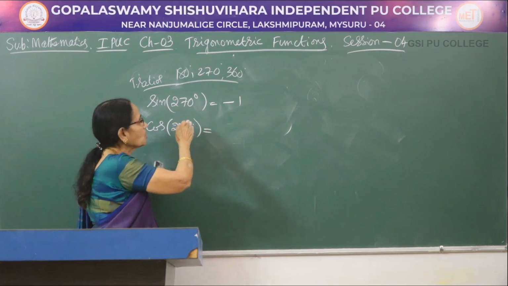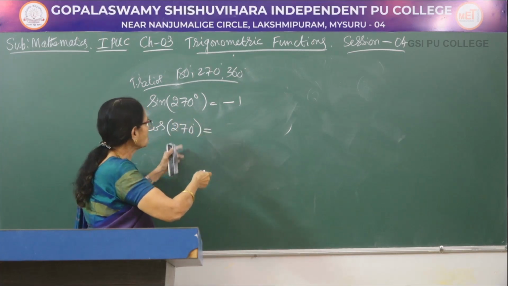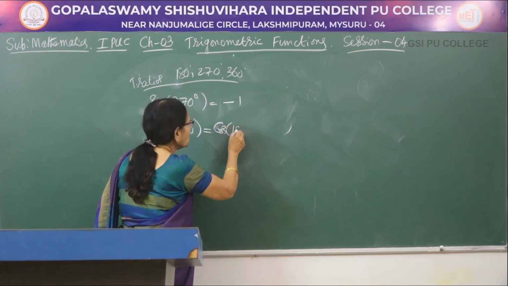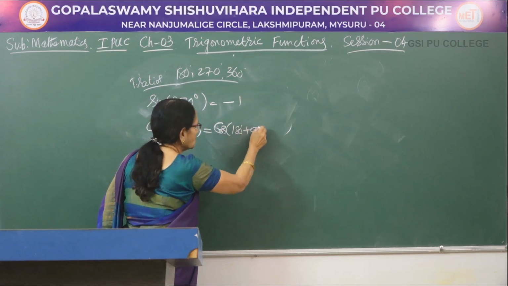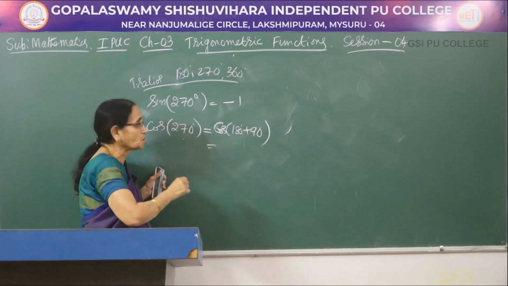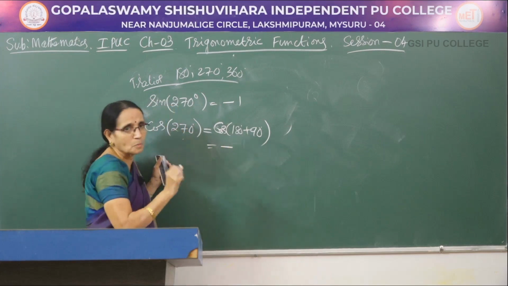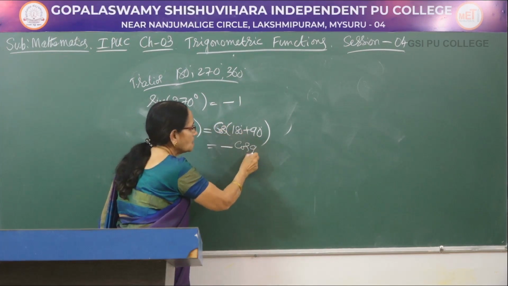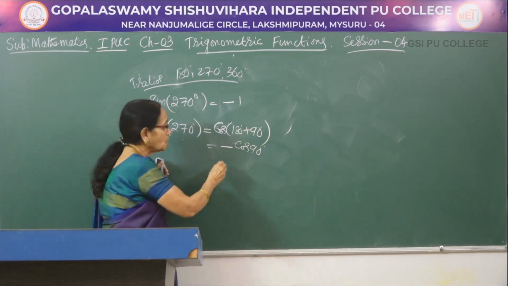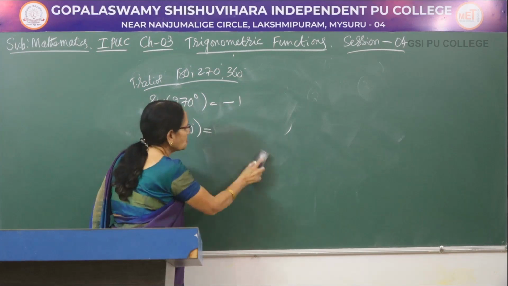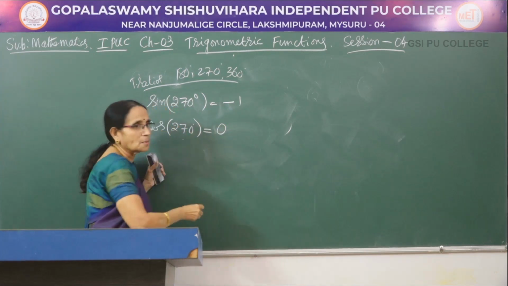Suppose I write it as 180 plus 90. It is in the third quadrant, the ratio is cosine, therefore the sign is minus. Neglecting this one, write cos 90, but you know cos 90 is 0. So, it is minus 0. We do not have to put minus or plus, it is 0 only.